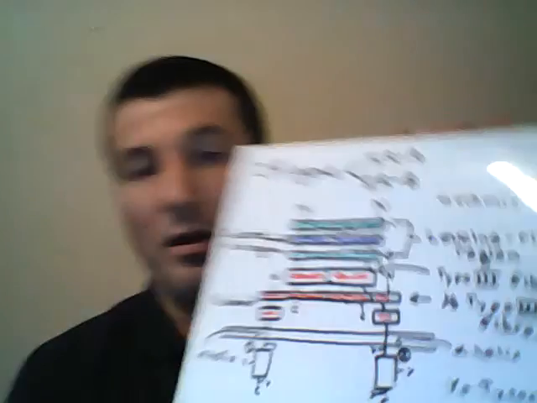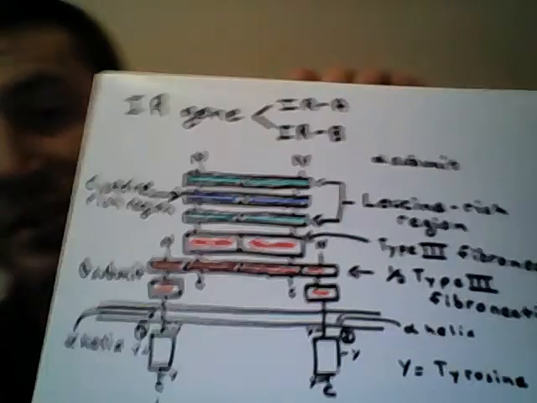Before I even go any further, I just want to say that there's 58 receptor tyrosine kinases, and they're grouped into 20 families, and the insulin receptor is one of the receptor tyrosine kinases. So that being said, if I could just show you the structure of the insulin receptor.